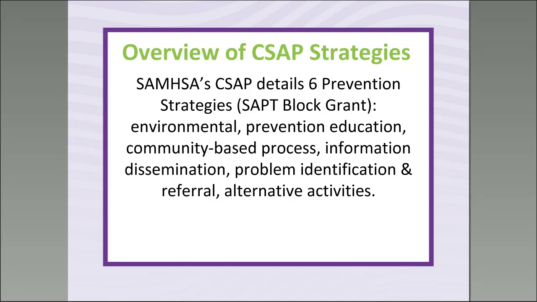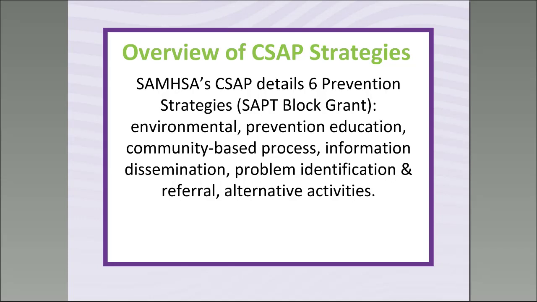The strategies that you see on this slide, and that many of you have learned during SAPS or other such prevention trainings, originated from the Substance Abuse Prevention and Treatment Block Grant. The block grant's objective is to help plan, implement, and evaluate activities that prevent and treat substance abuse. The block grant is authorized by the Public Health Service Act.